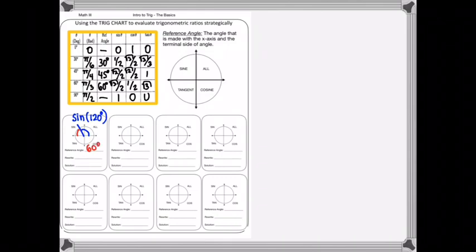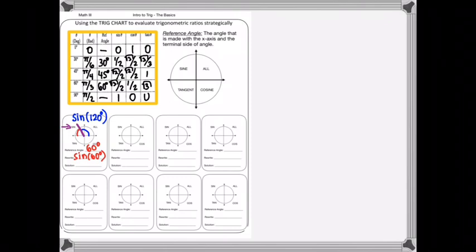So we rewrite this as the sine of 60 degrees. Now, to do the last part, we're going to take a look at where the terminal side, this guy right here, has landed. Notice that it's landed in sine's quadrant.